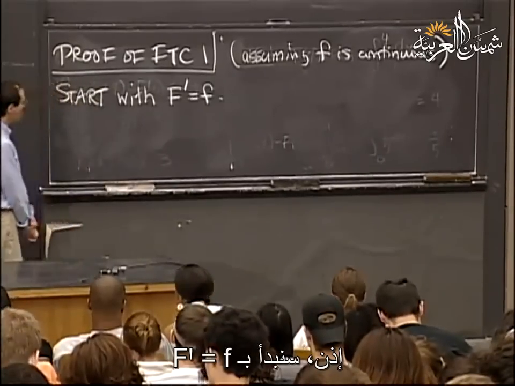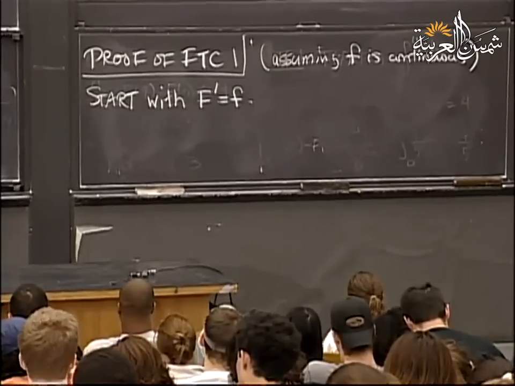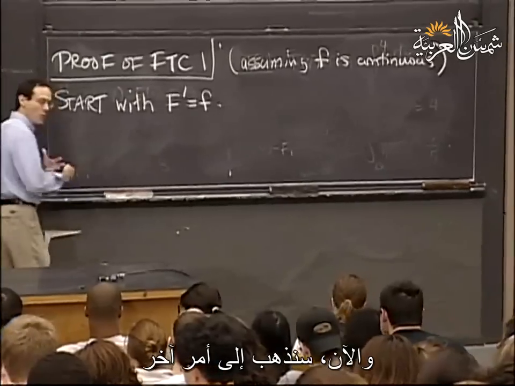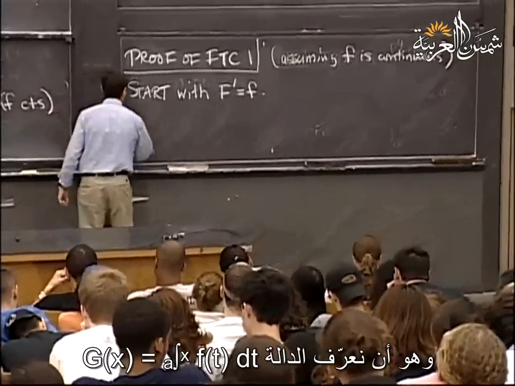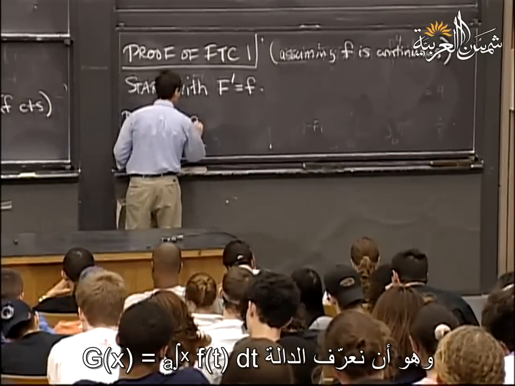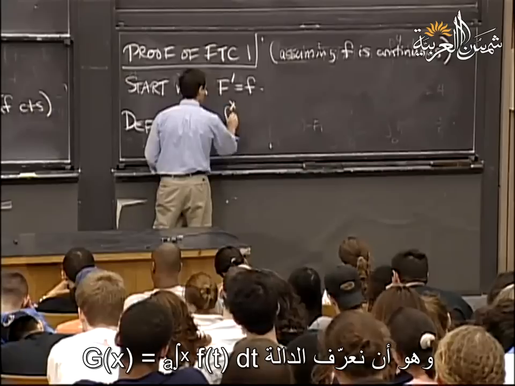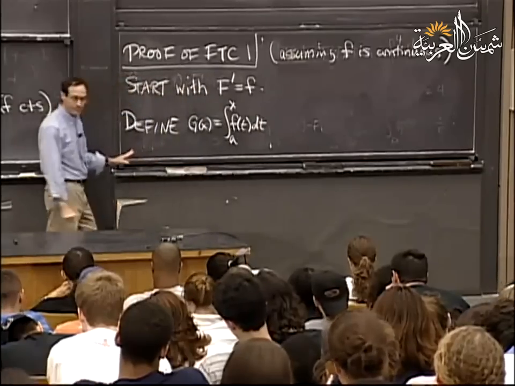All right, so we're going to start with f prime being equal to little f. And then I'm going to go somewhere else. I'm going to define a new function, g of x, which is the integral from a to x of f of t dt.